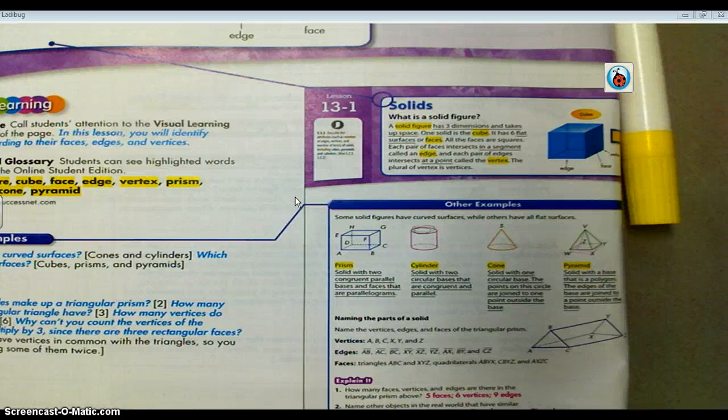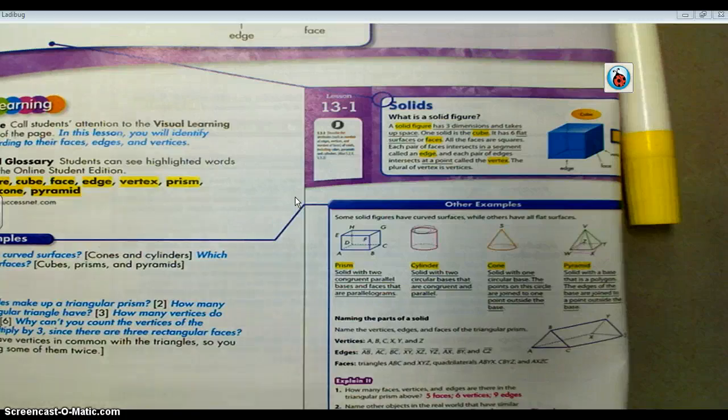That's where the base is. This one only has the base. Tell me the biggest difference between them, between a prism and a pyramid. Madison. Perfect. Okay, a prism has two congruent parallel bases or faces, and a pyramid does not.